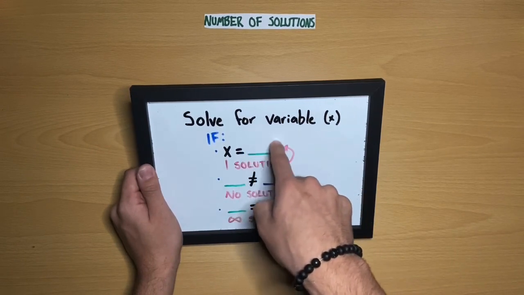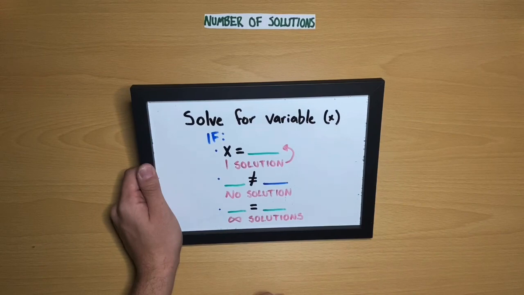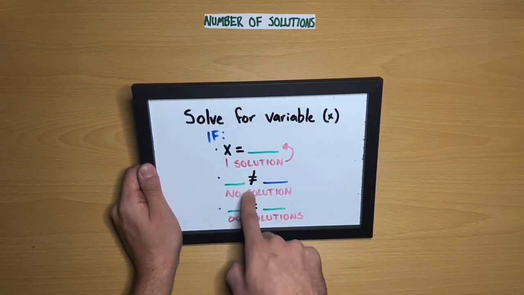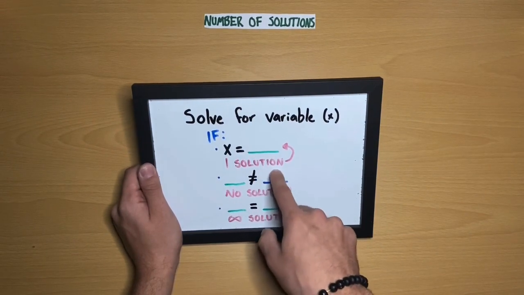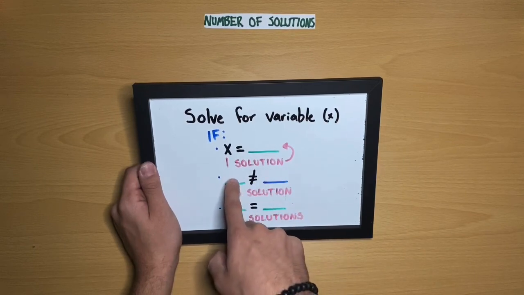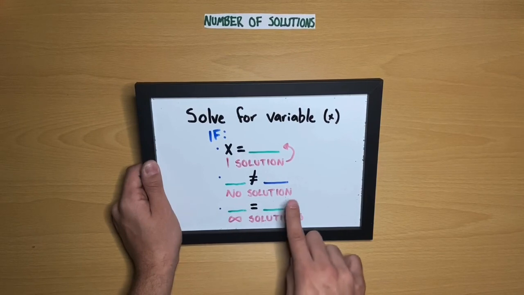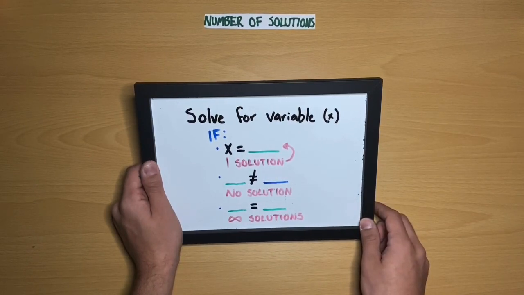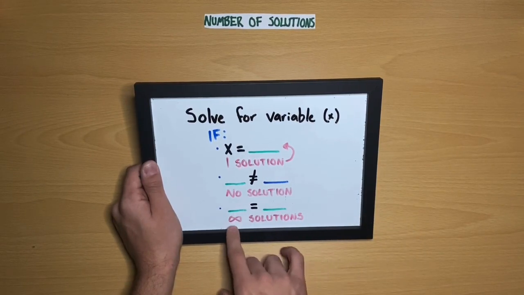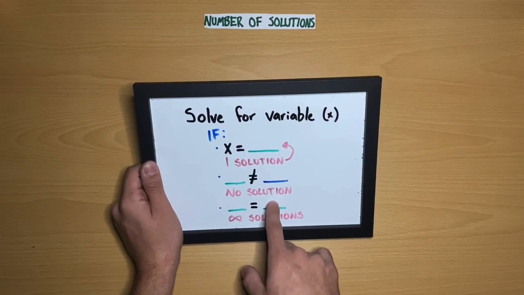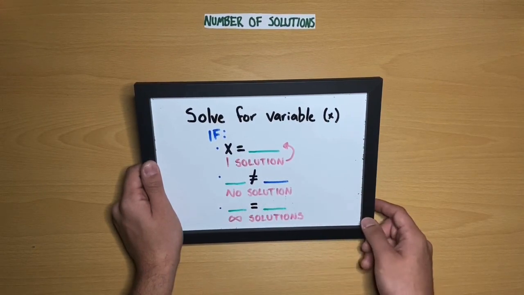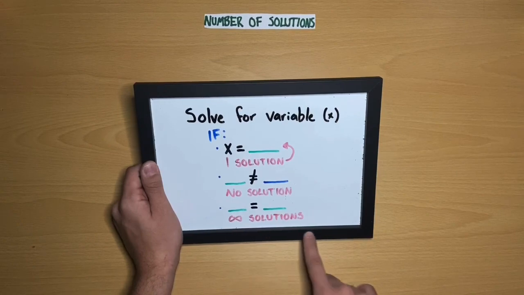And that solution is that something. If you get something that does not equal something else, so in the example we had 2 equals 3, those aren't equal, so we have no solutions. And if at the end we get something equals that same something, so 2 equals 2 for example, we have infinitely many solutions.